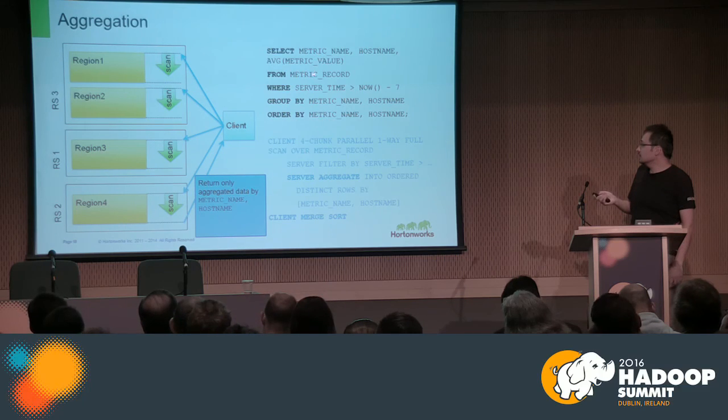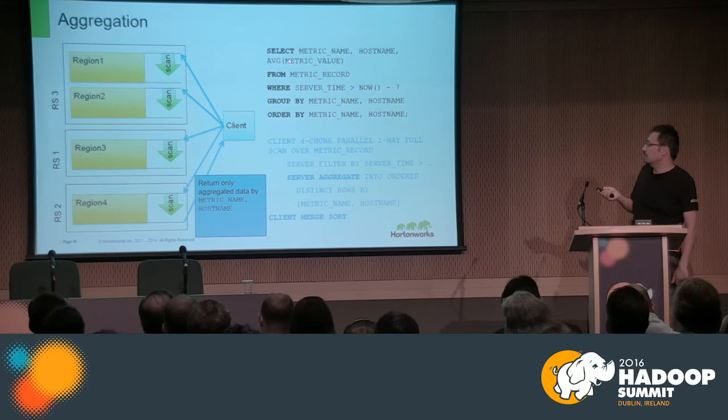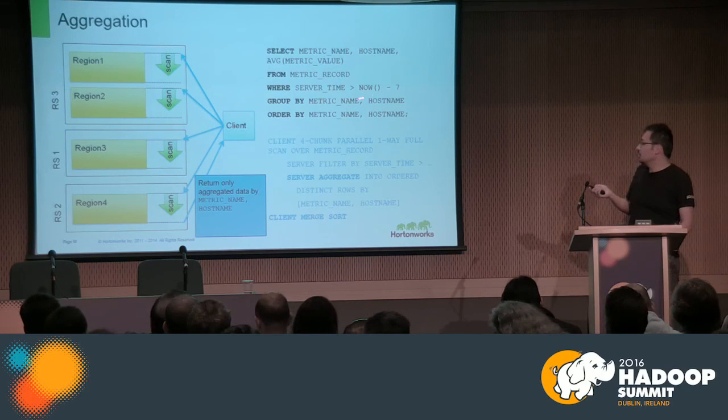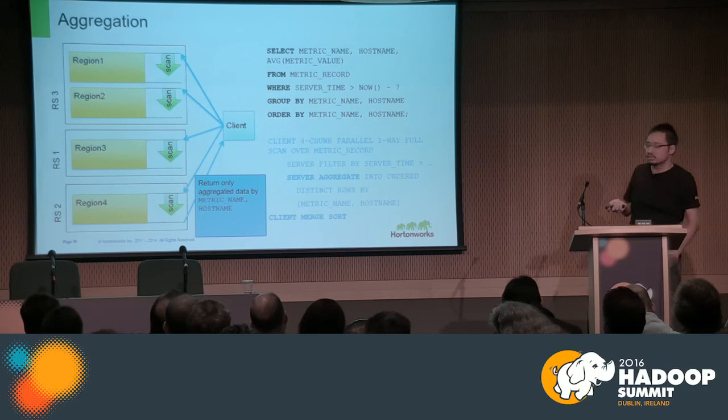So let's look at this. We're going to select metric name, host name, and average of the metric value, and then group by metric name, host name, and order by metric name, host name. This is a standard query where you would want to get the average result of the last 7 days based on the metric name and the host name, right?